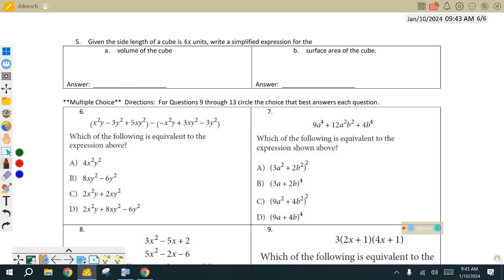So, a cube, all right? We know a cube is made up of what? What shape is the cube made up of? Square. So, a cube is made up of a bunch of squares, one on top of another. Okay? So, here's my cube.